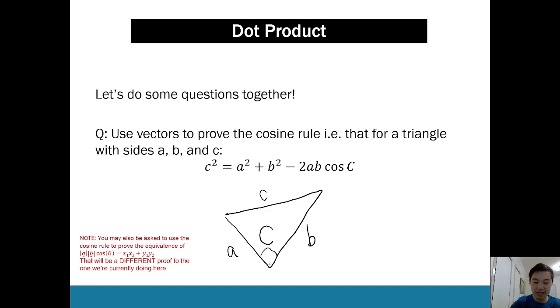So let this vector here be a, and let this vector here be b. Therefore for c, we can say that this vector here is going to be a minus b, like so.